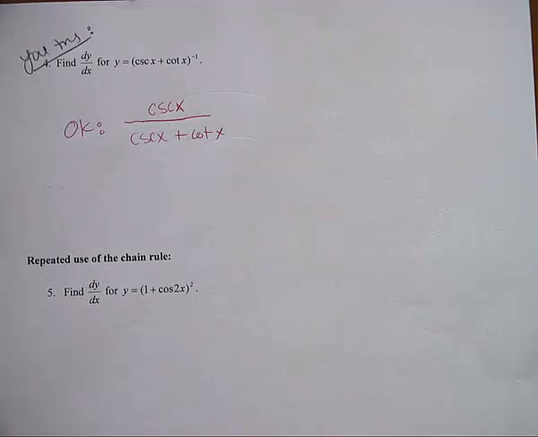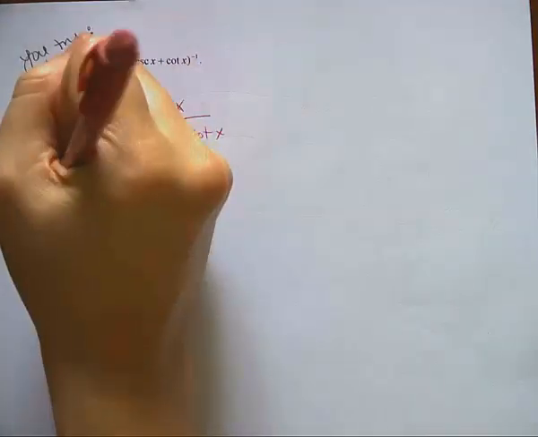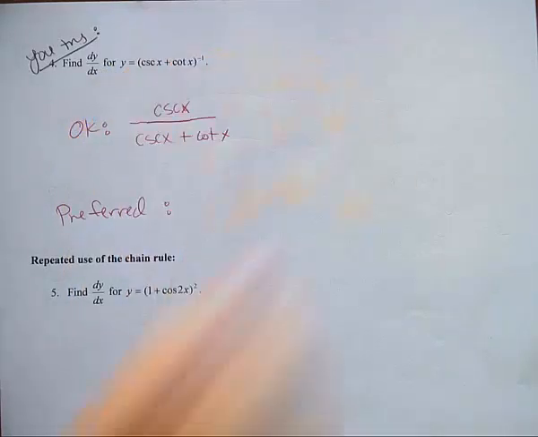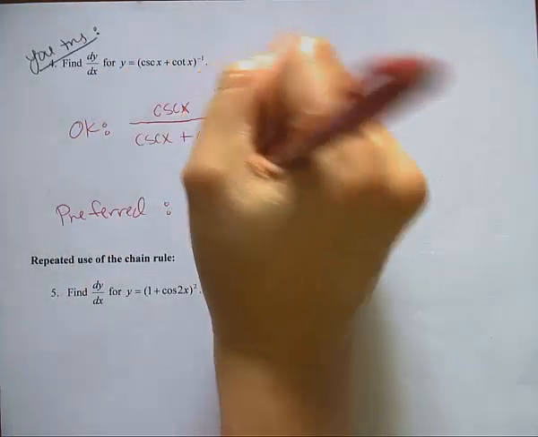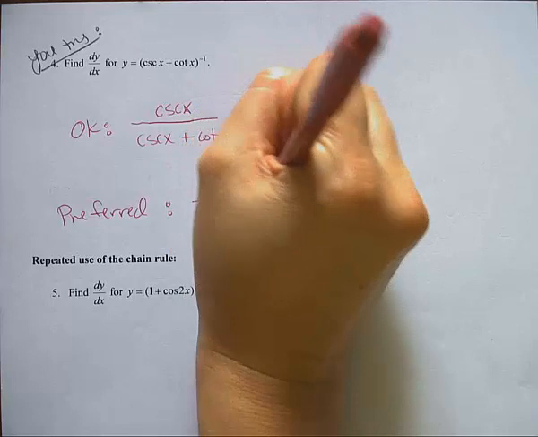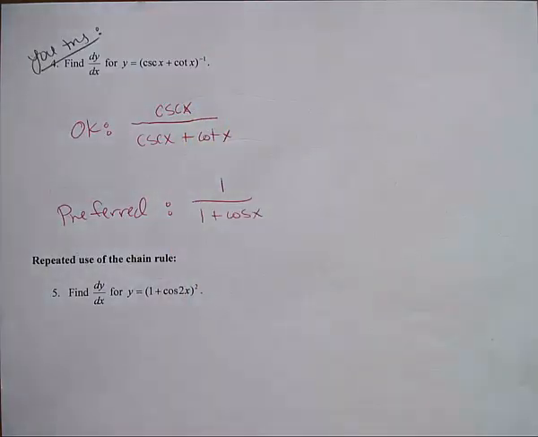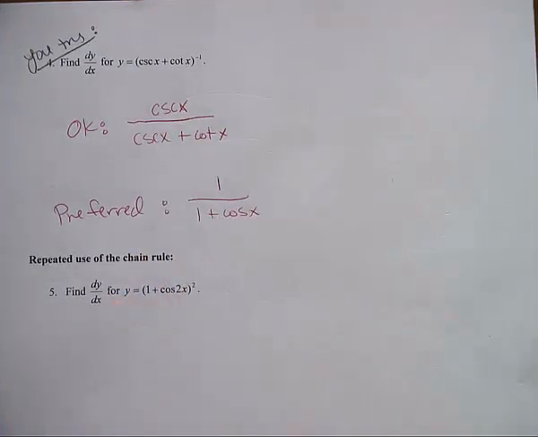If you got that far, you did okay. If you went further and simplified further, the preferred answer would be 1 over 1 plus cosine x. So if you have questions on either of these, tutorial will be a good time to come in and figure out how to do them.